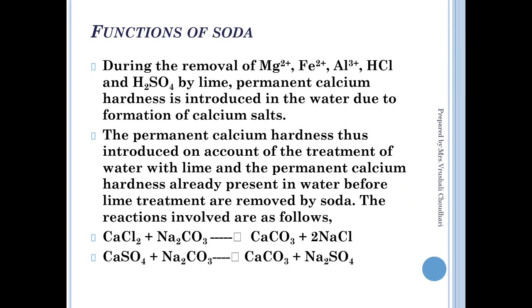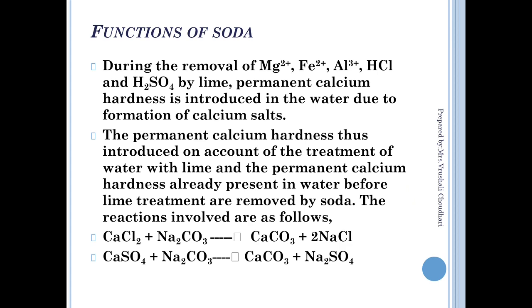Similarly, we are adding the soda, that is sodium carbonate, to remove the magnesium, Fe2+, aluminium, HCl, H2SO4 not removed by lime, and the permanent calcium hardness which is present in the water.